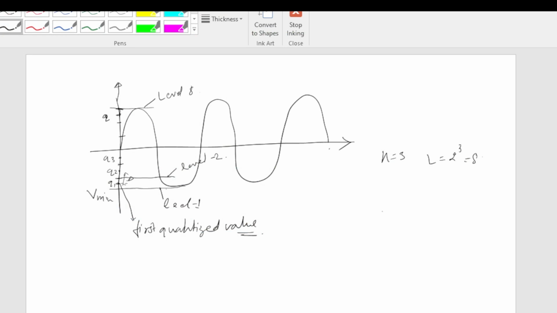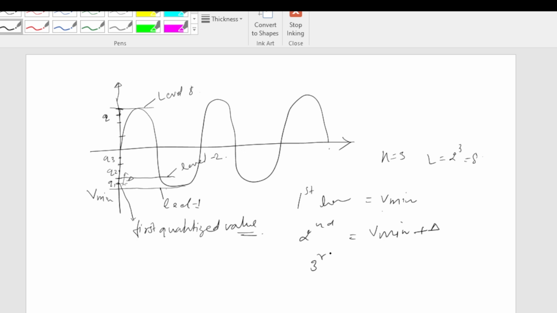We can see here the number of levels. For example, the first level, if I want to write it here, equals Vmin itself. That is why I am not defining the first level in the MATLAB program. The second level can be defined as Vmin plus delta.